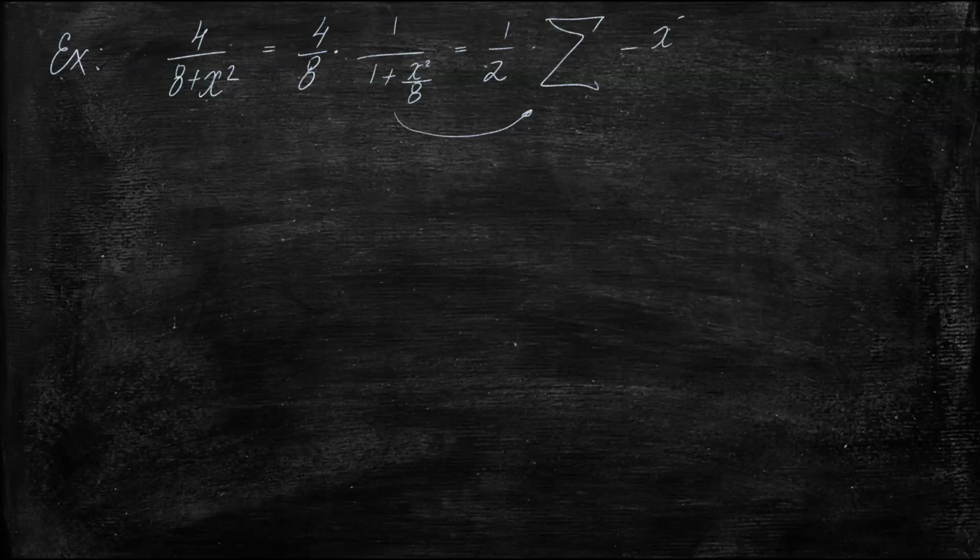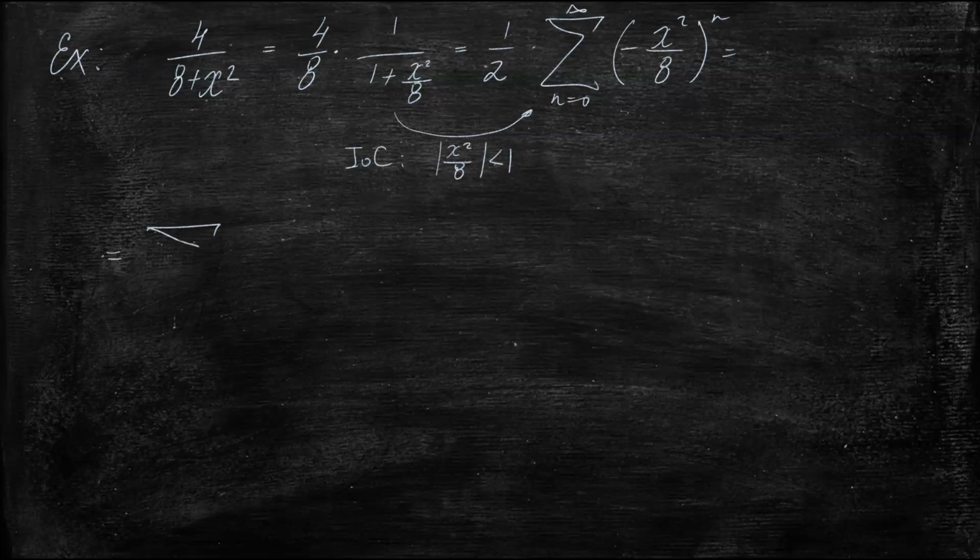So the star would be the negative x squared over 8. And let's simplify all of this. So of course, as I'm doing this, I'm going to remember that it only makes sense when this is true. And this is going to give rise to my interval of convergence. But let's finish up writing out the power series.